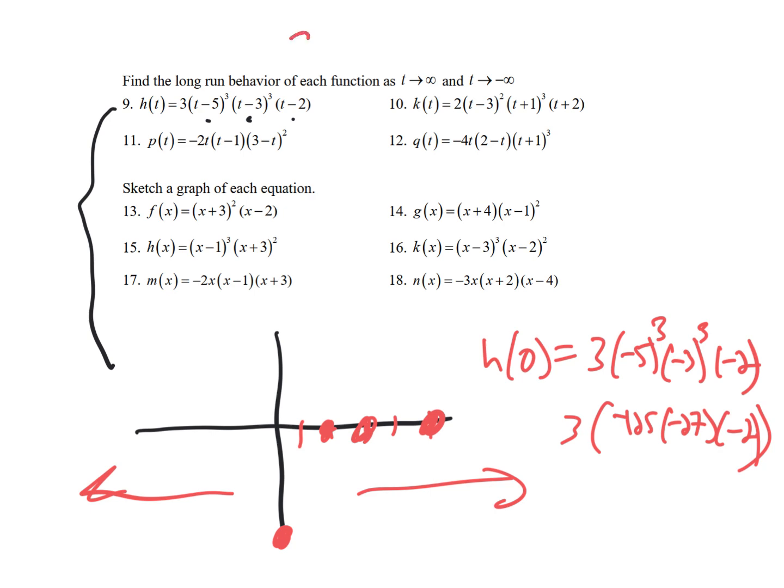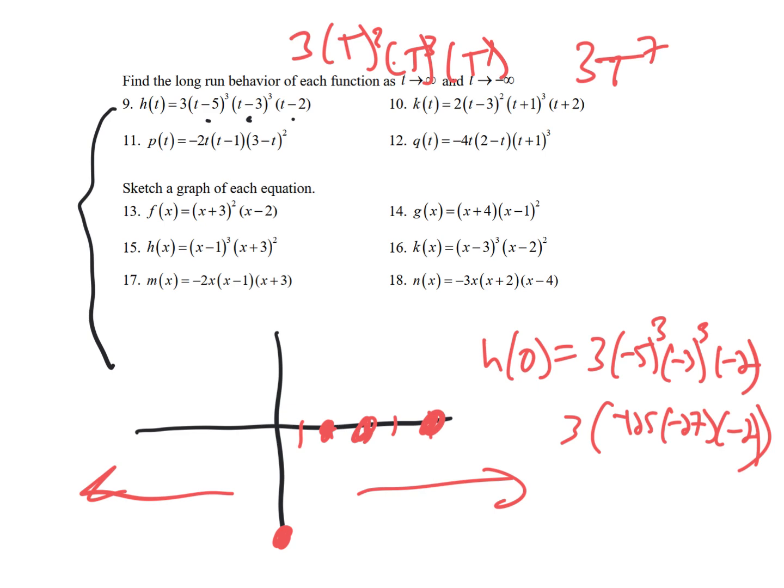So 3 times t cubed, times t cubed again, times t. Well, that's going to be 3 times t cubed times t cubed is t to the 6th, times t to the 1st is t to the 7th. So I know that acts like a 7th degree equation, an odd degree. So that tells me the ending behavior of this function.